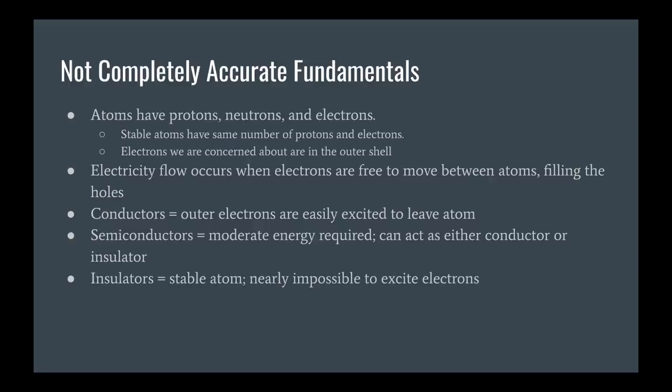Plastic-coated wires, plastic is an insulator. It doesn't allow electricity flow, and so they're very common for that. Now, recognize that if you have a high enough voltage, you're going to cause those electrons to excite regardless of the normal conditions, and so you will eventually burn through the insulation as the electrons try to flow through that.